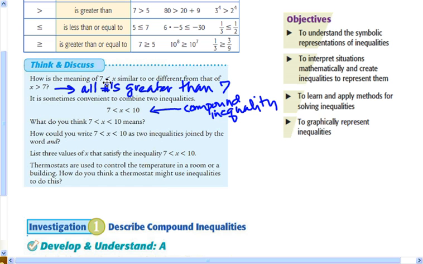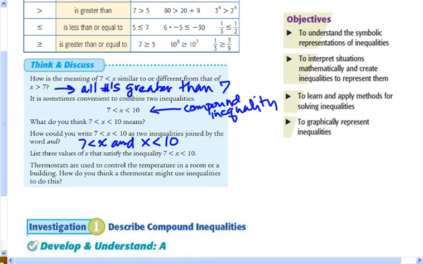So we're really talking about numbers that, we can separate this into two things. We're talking about numbers where 7 is less than those numbers, and at the same time, the numbers are less than 10.